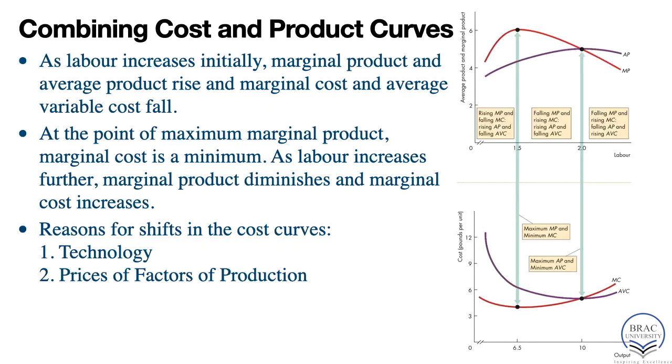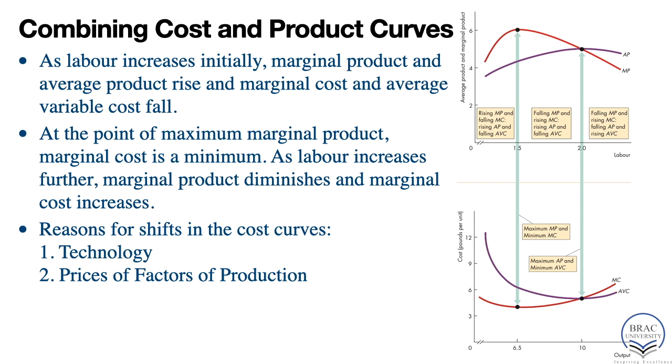Now, let's combine the cost and the product curves that you saw in the last lecture video together. You know that technology determines firms' costs. This shows the links between the firm's technology constraint, that is the product curve, and the cost curve. So basically, the figure highlights the links between technology and costs.